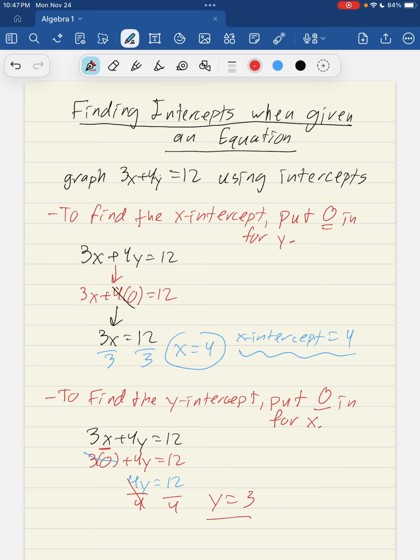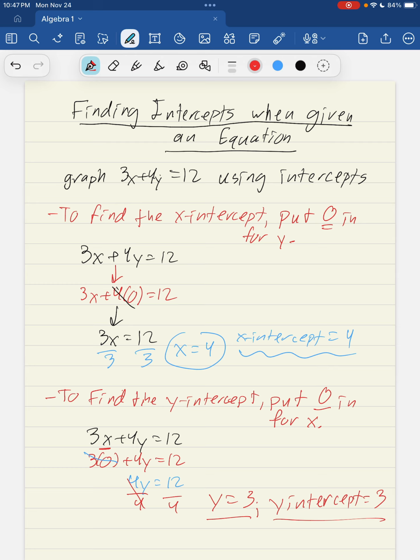That means we have a y-intercept at 3. If we had a graph, we'd put a dot on 4 and then on 3.